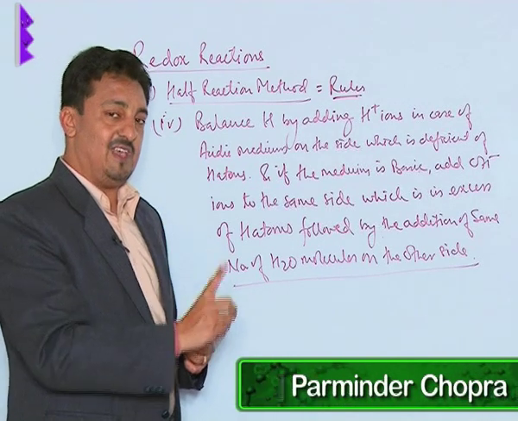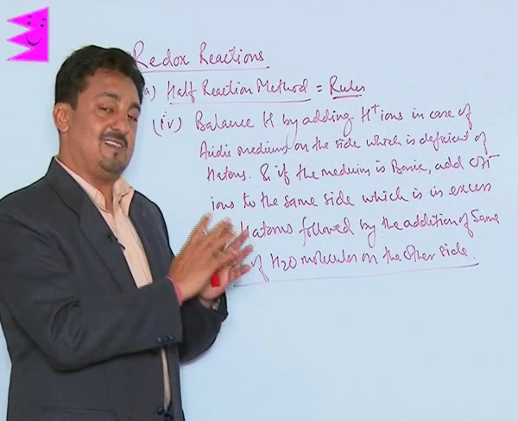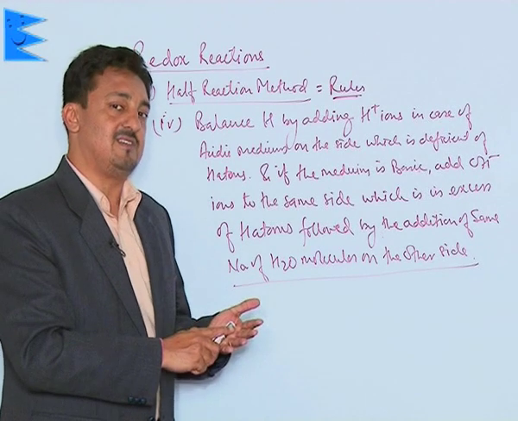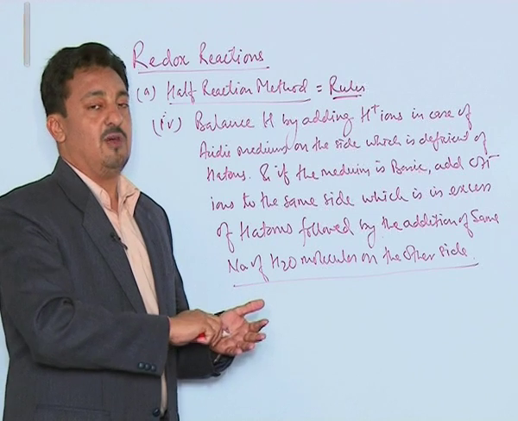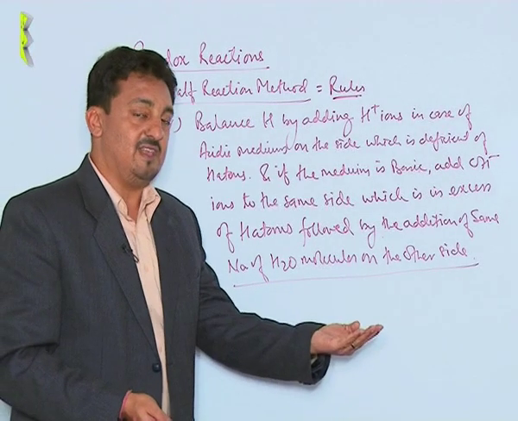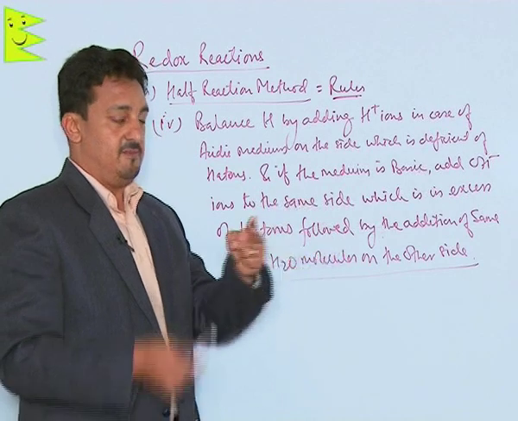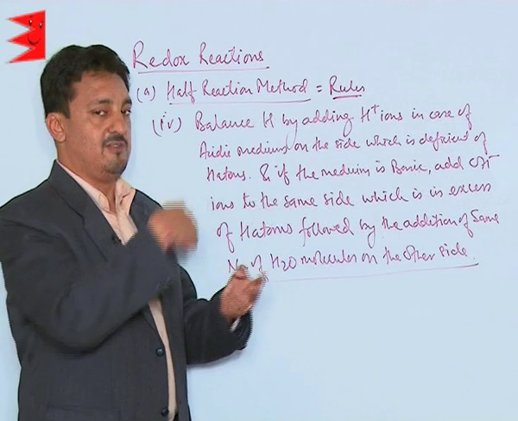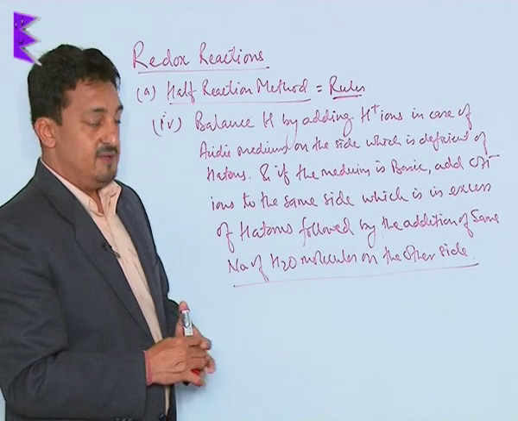If the medium is basic, on the side which is in excess of the hydrogen atoms, we add OH minus ions, and then the water molecule is added on the other side. If suppose the right hand side is in excess of 2 hydrogen atoms, we will put 2 OH minus ions on the right hand side and 2 water molecules on the left hand side.